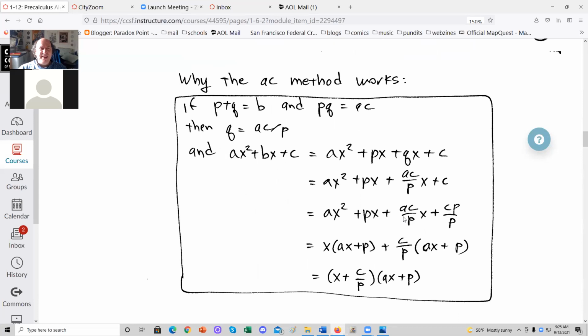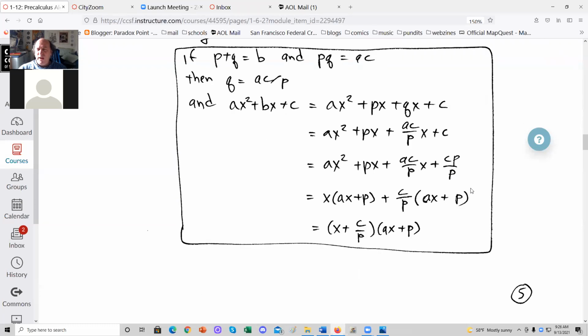Now, a digression. Why does the AC method work at all? If you have p plus q equals b, and p times q equals ac, then q equals ac divided by p. And then ax squared plus bx plus c is ax squared plus bx plus qx plus c. Right, this q is ac over p, and that times x plus c. Now, a tricky part here.